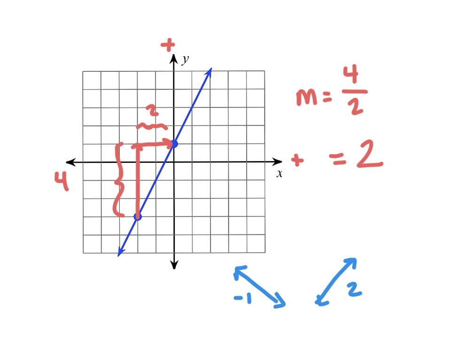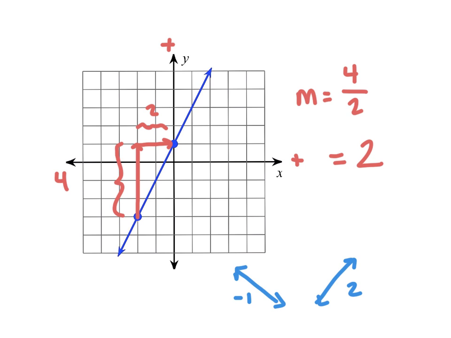When a line slopes downward from left to right, it's going to have a negative slope. When it slopes upward from left to right, it's going to have a positive slope. So that's something that we want to add to our notes, or jot this down so that you always remember that. In fact, there are 2 other important types of slope that you should keep in mind as well.